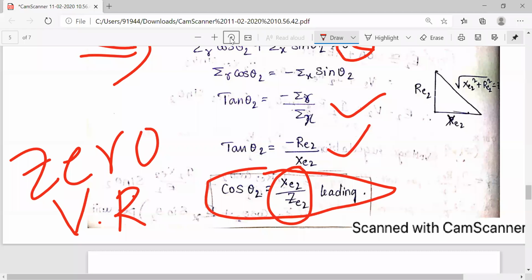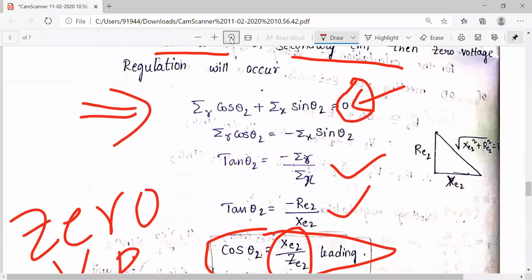Voltage regulation means the change of secondary terminal voltage from no load to full load, expressed as a fraction of the rated no load voltage. It means E2 minus V2 by E2.